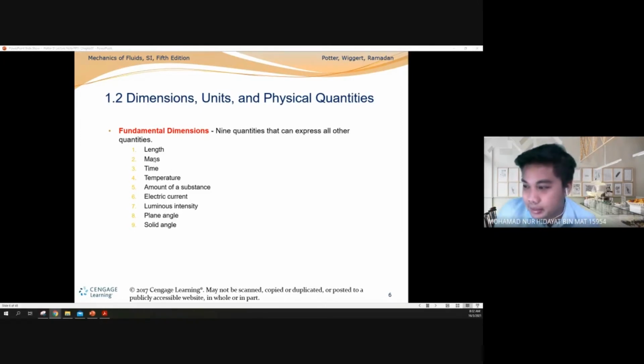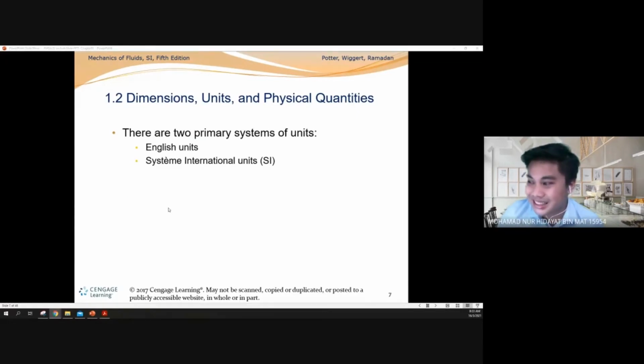So you can see meter is length and second is time. The combination of fundamental quantities will form the derived quantity. Derived quantities are like acceleration and velocity. So the derived quantity is taken from the fundamental dimensions. This is the fundamental you need to understand.